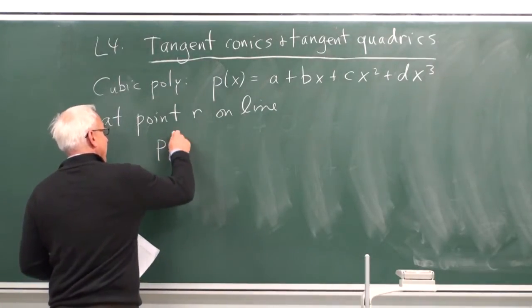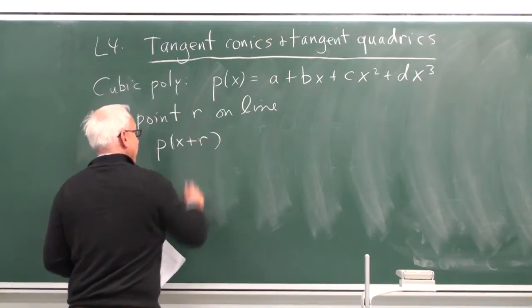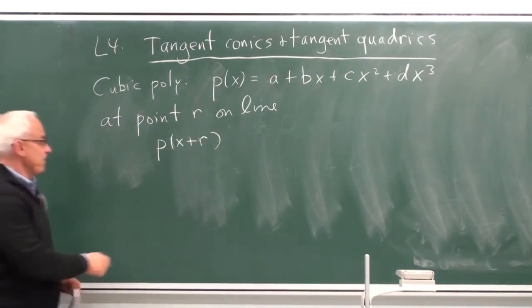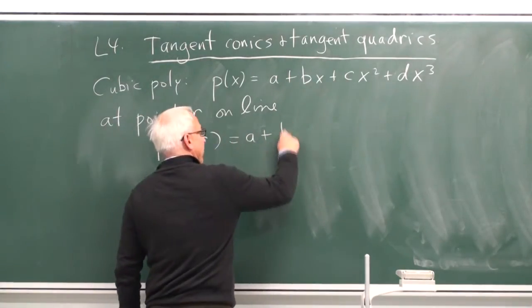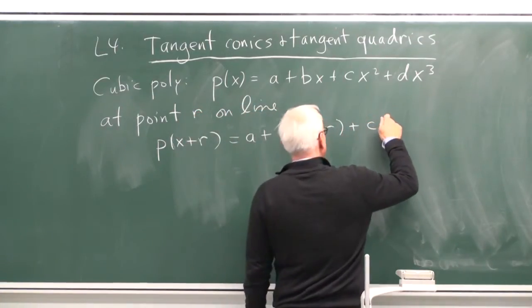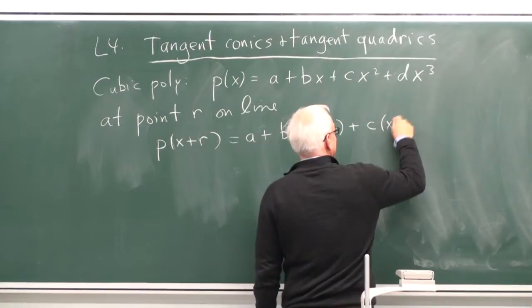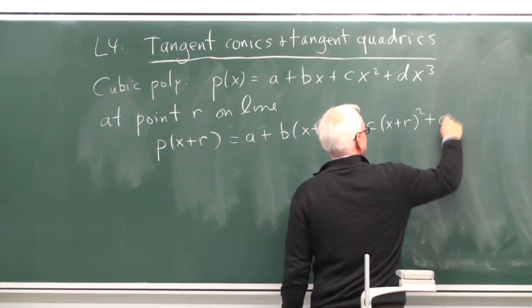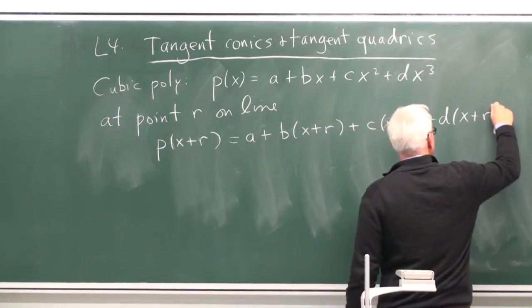The way we do that is we just evaluate P of X plus R. So that's A plus B, X plus R, plus C, X plus R squared, plus D, X plus R cubed.